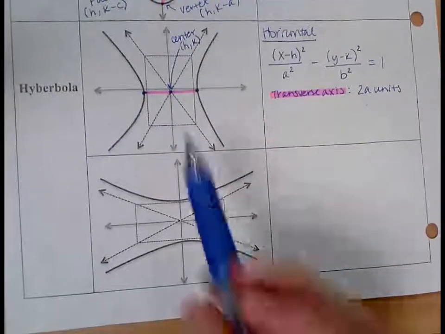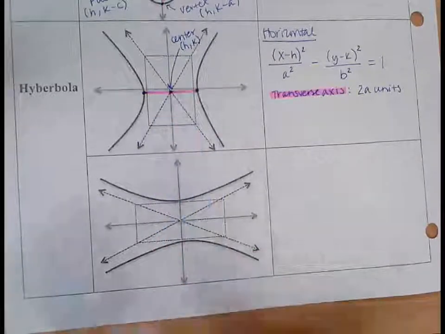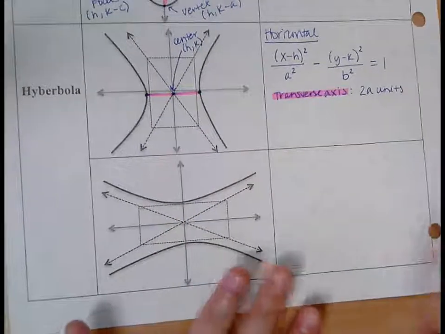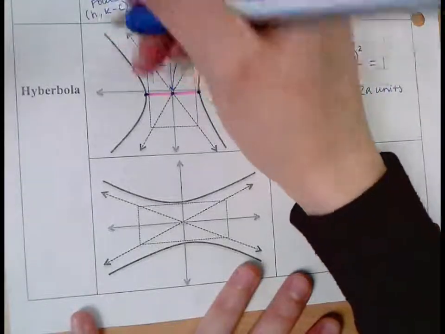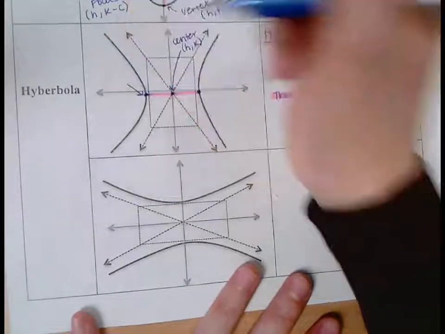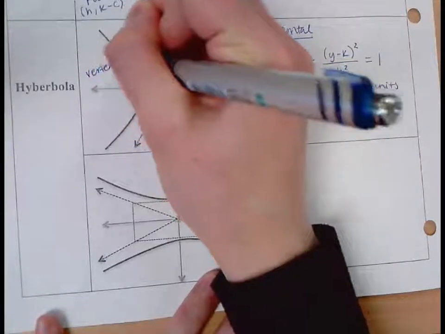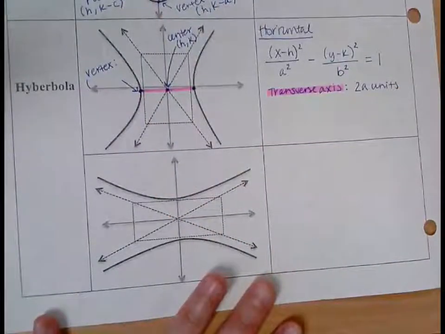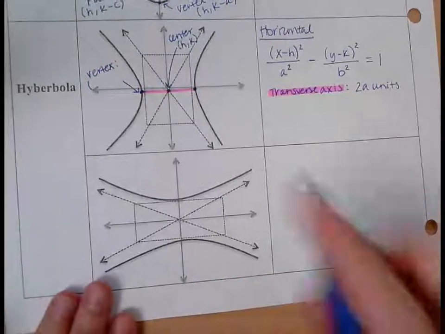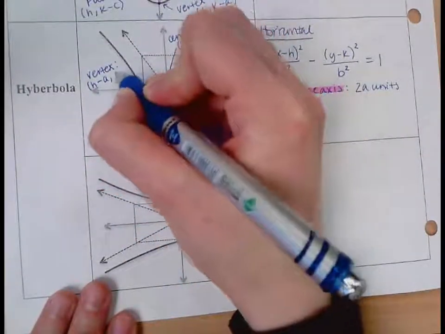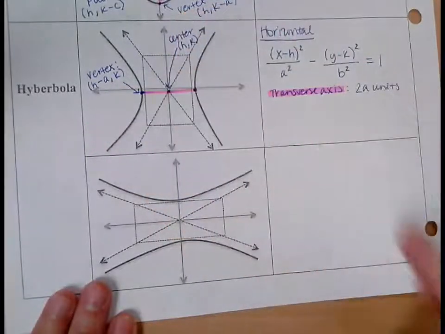Okay, so then we'll label these two vertices because they have formulas for their ordered pairs. I'll start with the left one. So this left vertex, the x-coordinate is h minus a. The y-coordinate is k.